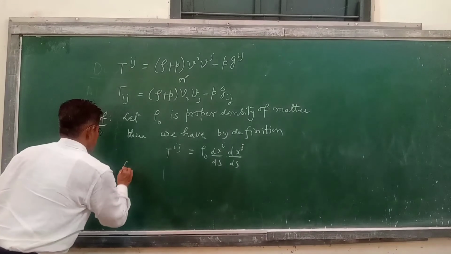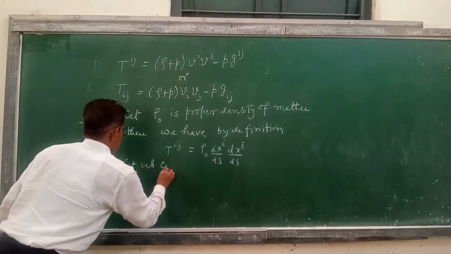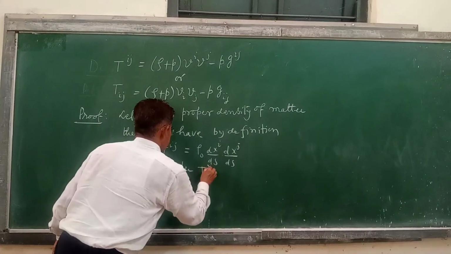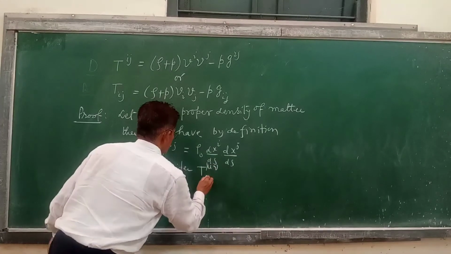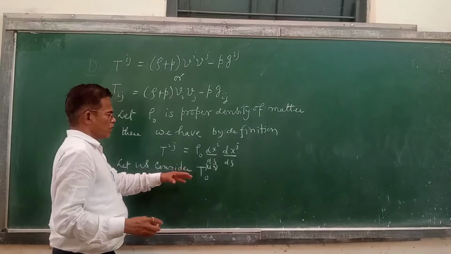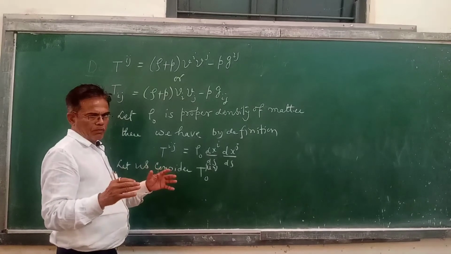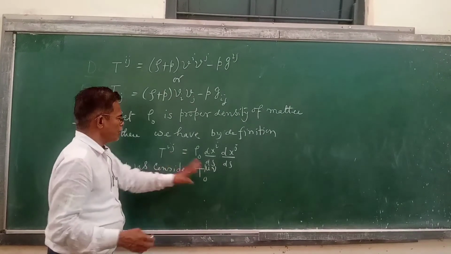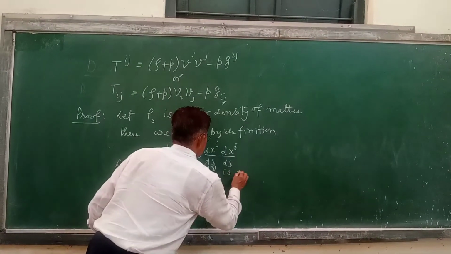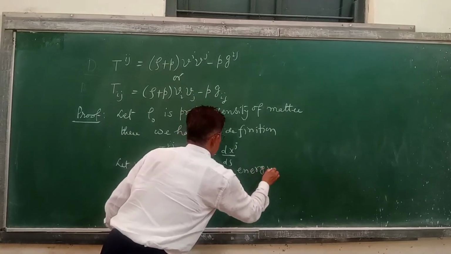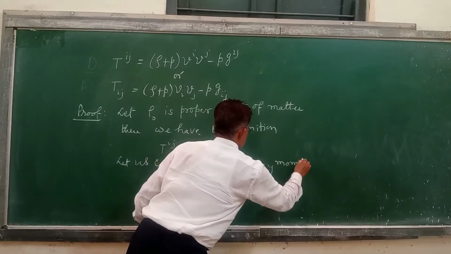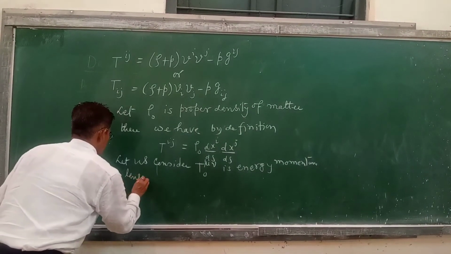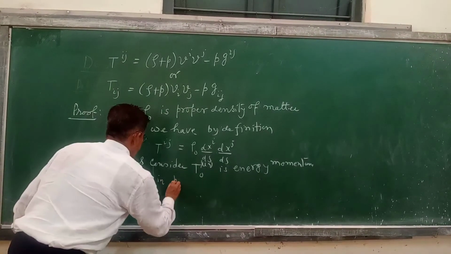So let us consider T^mu nu with 0; here 0 is the notation for the proper coordinate system at origin. So let us consider T^mu nu 0 as the energy momentum tensor in the proper coordinate system.